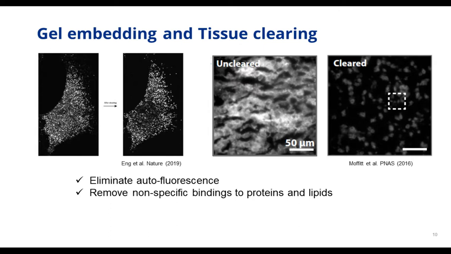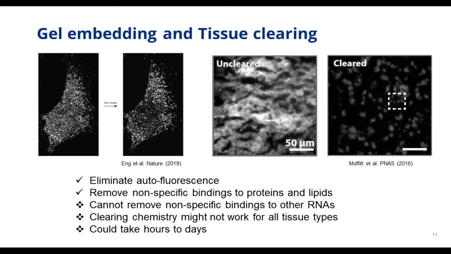So others have found a very clever solution to reduce the noise in this assay: you can do gel embedding and tissue clearing. What this does is you put your cell or tissue into a gel, and then you clear away all the proteins and lipids in the cell, and that way the background is highly reduced.